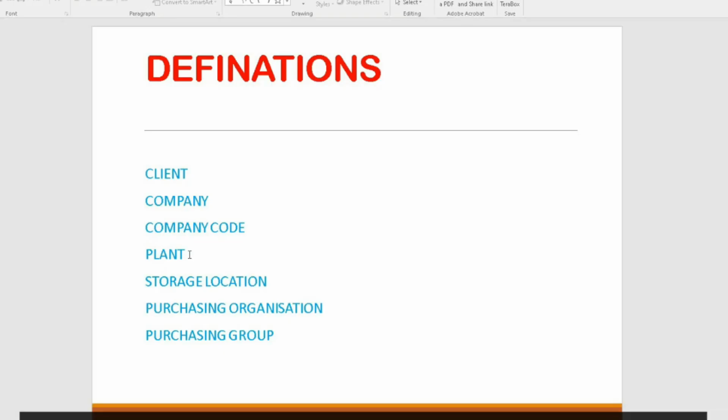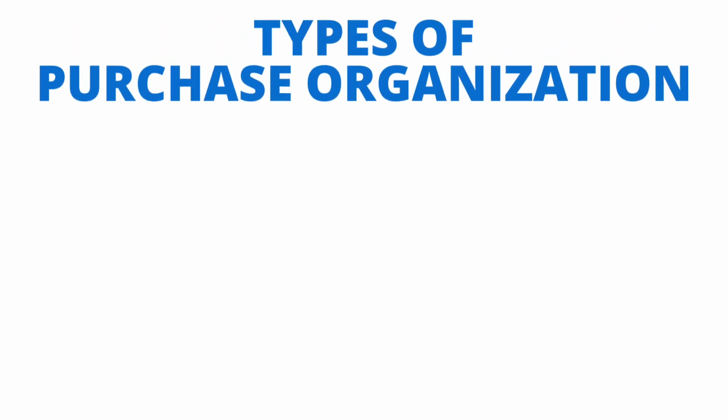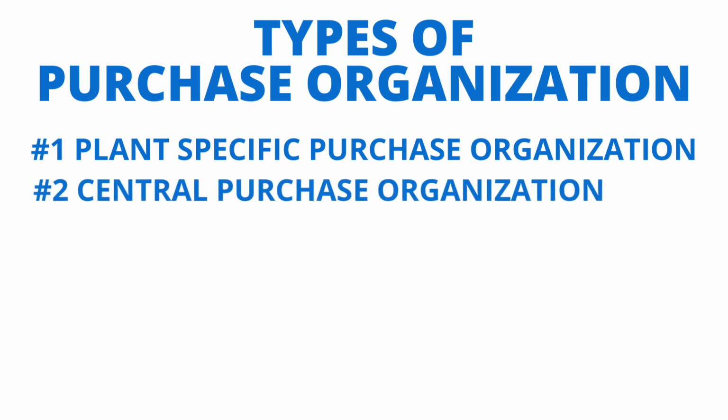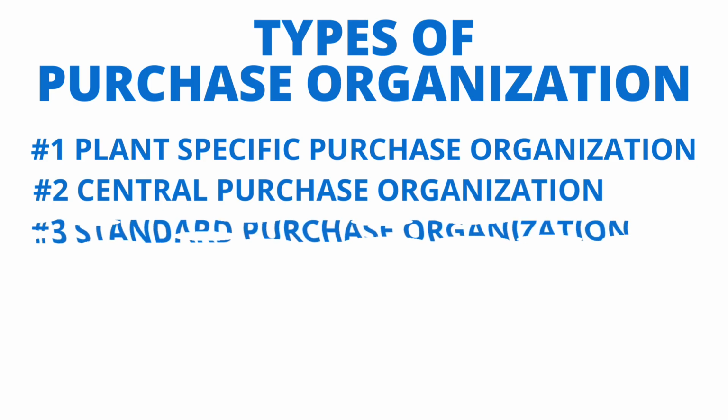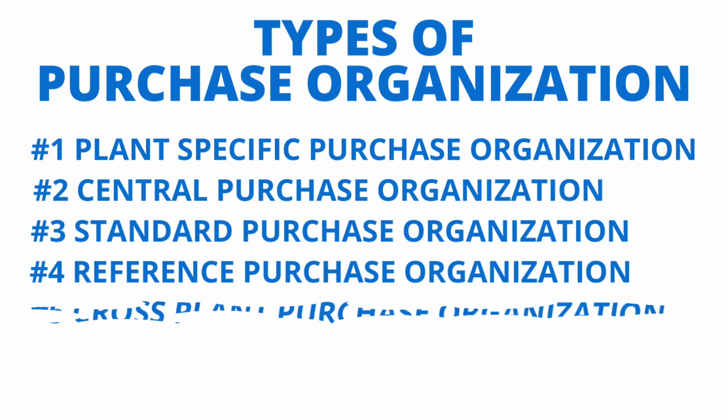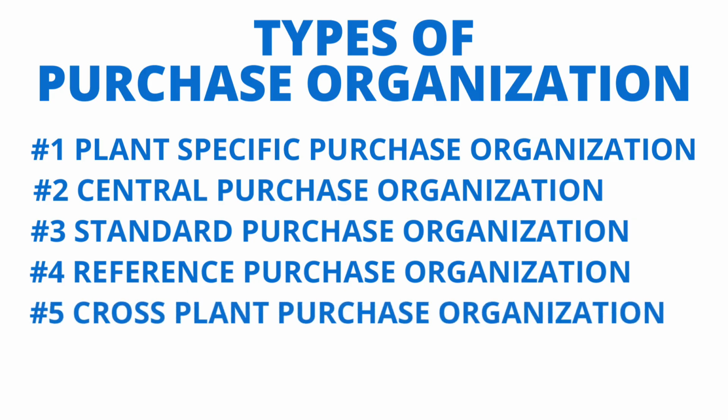Here you can mention the types of purchase organization. First one is plant specific purchase organization. Second is central purchase organization. Third is standard purchase organization. Fourth is reference purchase organization. Fifth is a cross plant purchasing organization.